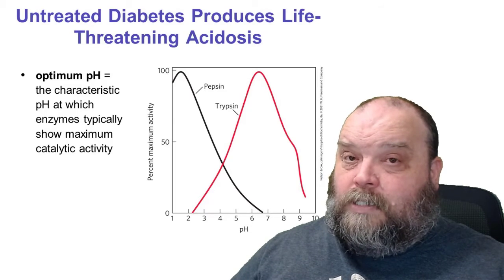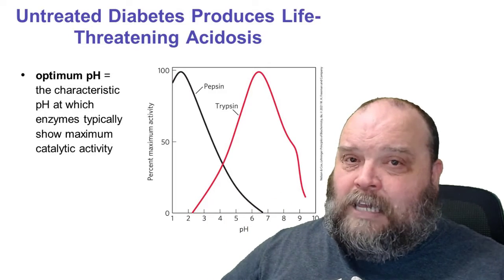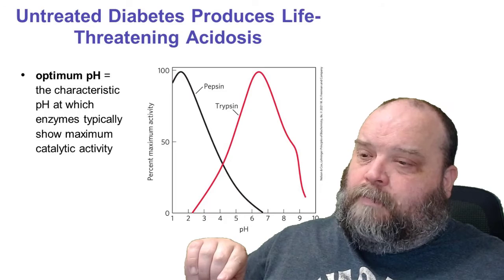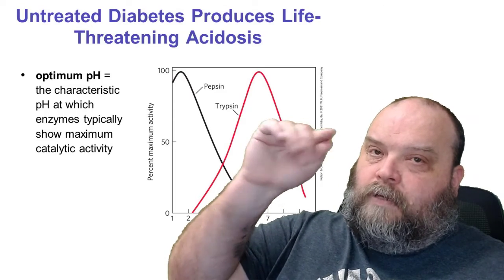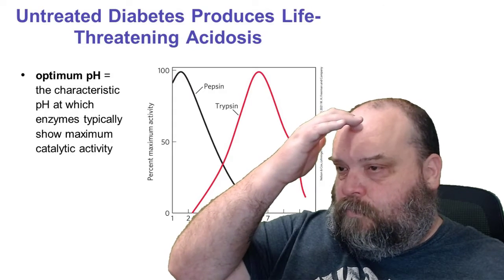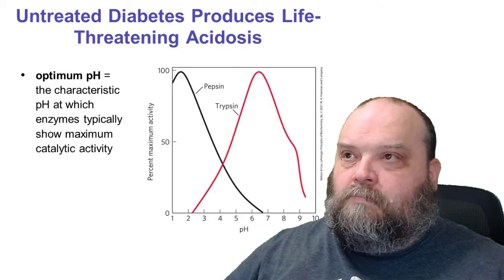Pepsin basically loses its three-dimensional shape, loses the function. It denatures. Now as you get up closer to 4, this is where trypsin starts to take off, starts to work better. Optimally it works between pH 6 and 7.